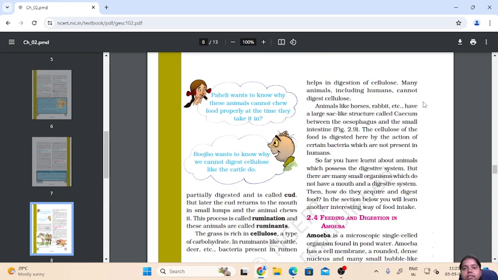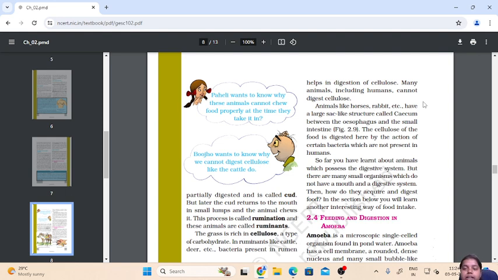Many animals, including us, cannot digest cellulose. That's why we boil the vegetables and then eat them, and doctors always suggest eating boiled vegetables and not raw ones. We don't have much capacity to digest cellulose, but they have it because of that bacteria.